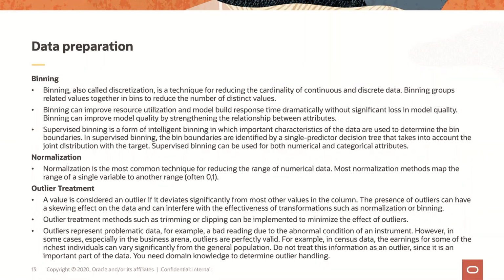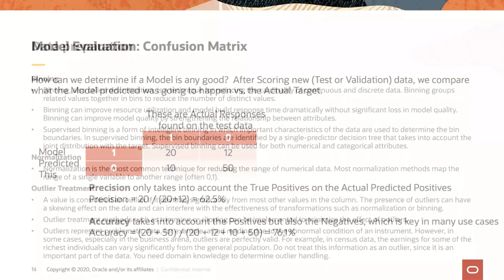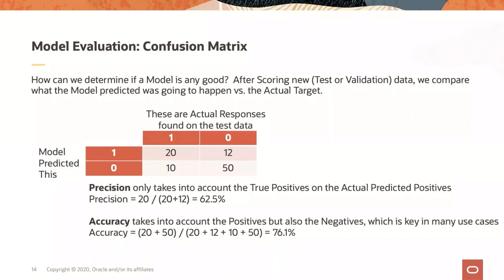Now, specifically back to the model evaluation and the confusion matrix, right? The confusion matrix is something very simple to build. Remember when we were talking about the algorithm that tells me something was happening, and the actuals, which is what actually happened.